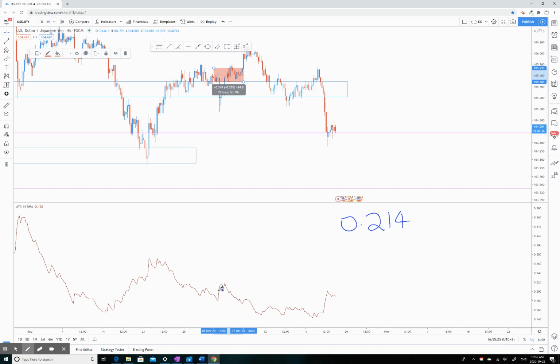When we place our mouse over the little graph, it's saying 0.214. What I mean by moving our decimal, just in case some of you don't remember it from math class, is we're literally taking it and putting it here. Now it's 21.4. That's our ATR value, in pips or points, depending on the pair.